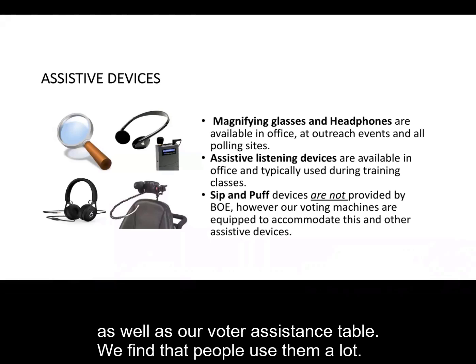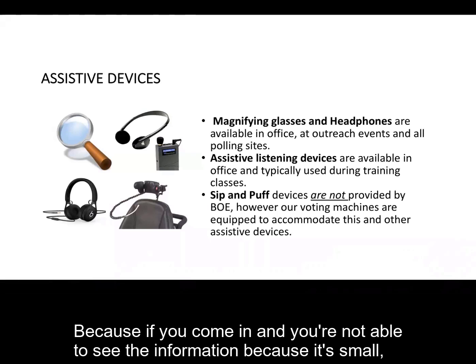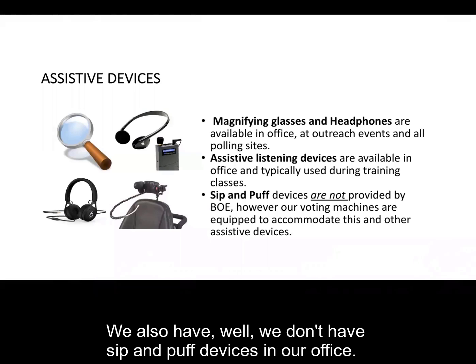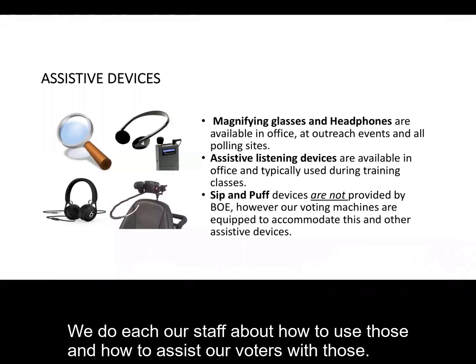And we find that people use them a lot, because if you come in and you're not able to see the information because it's small, you have a visual disability, you are able to use those. While we don't have sip and puff devices in our office, we do teach our staff how to use those and how to assist our voters with those.